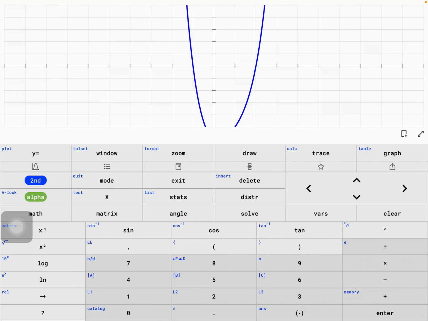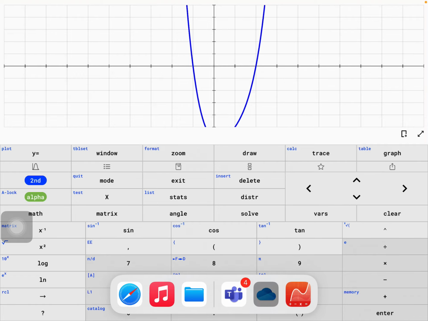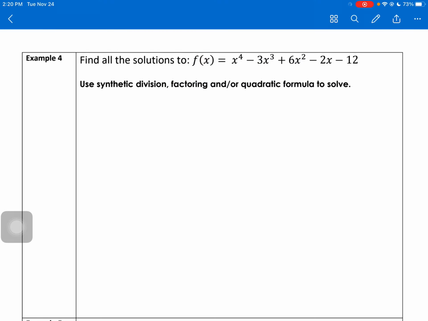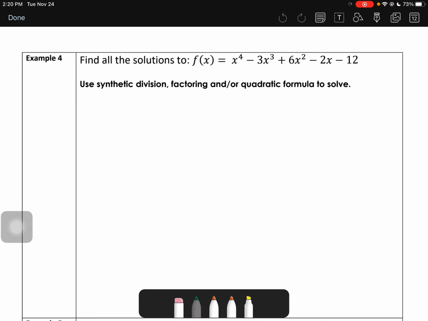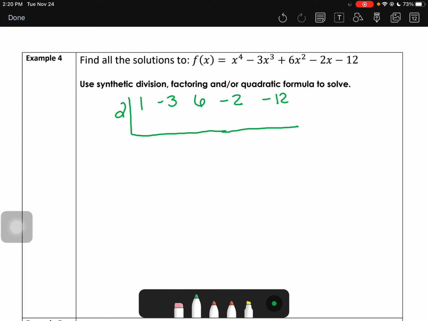All right, so it looks like for sure we have negative 1 and positive 2 as two of our roots. So let's do positive 2 and use synthetic division. So positive 2 on the outside. We have a 1, negative 3, 6, negative 2, negative 12.